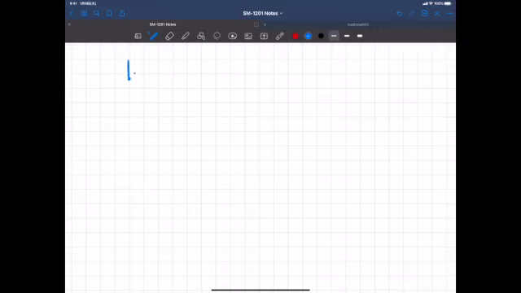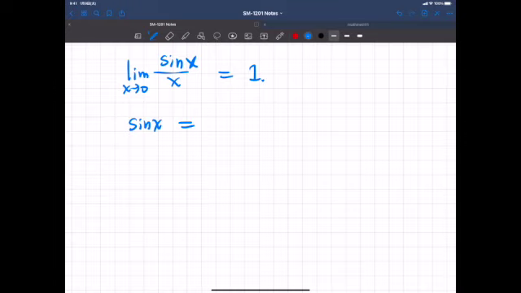As another example, we give an alternative proof that the limit of sine x over x when x approaches 0 is 1, using an asymptotic expansion. First of all, sine x, if we expand this, the first term will be x, and the rest is little o(x). Actually, the next term in the Taylor expansion will be x cubed times some constant, but anyway, it's still little o(x).